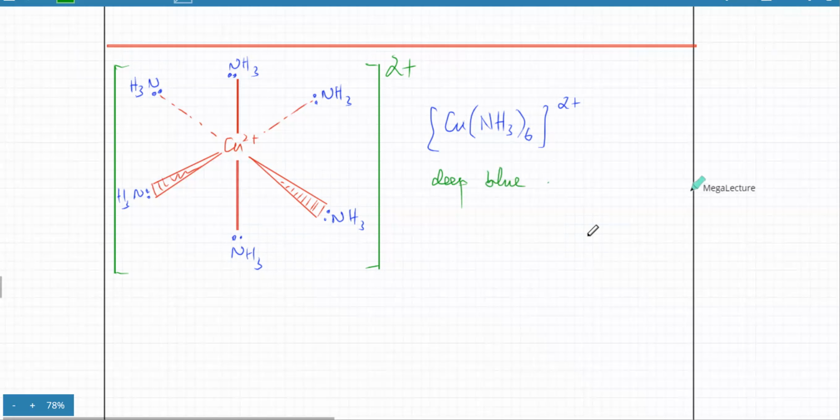Now, also remember that the dative bonds over here are not very strong. When you add NH3, a lot of times you're adding aqueous NH3, so there would be water molecules around. Let's imagine a few water molecules roaming around.